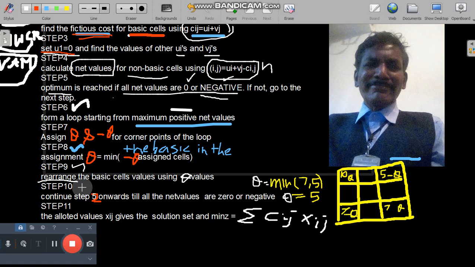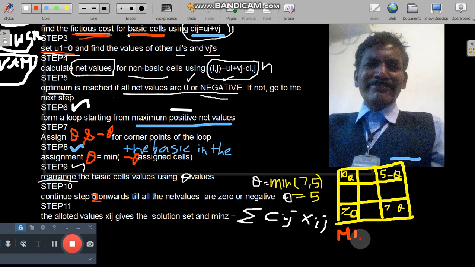Step number 10. Now for this new arrangement, we have to find the total cost, and that solution set, everything we can get for this new arrangement. For this new arrangement we know that minimum z would be equal to, what's the formula?